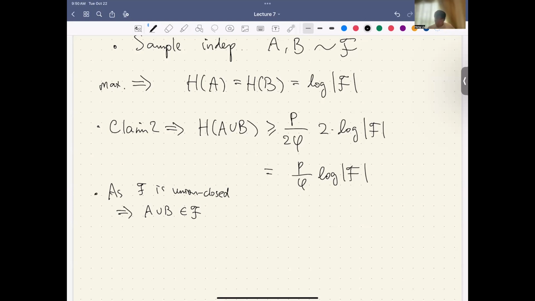We have A union B is in F. So A union B is some random set induced by some other random sets, but it takes values in F, by maximality again.